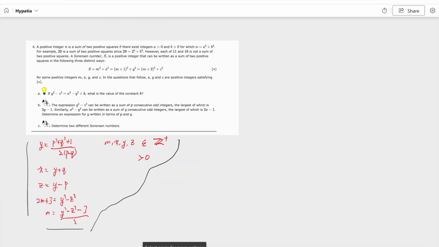The third question, based on what we know, we can see y is a positive integer, so p squared plus q squared plus 2 has to be 2k, an even number. P squared plus q squared equals 2k minus 2, or 2k prime. P and q have to be both even or both odd.